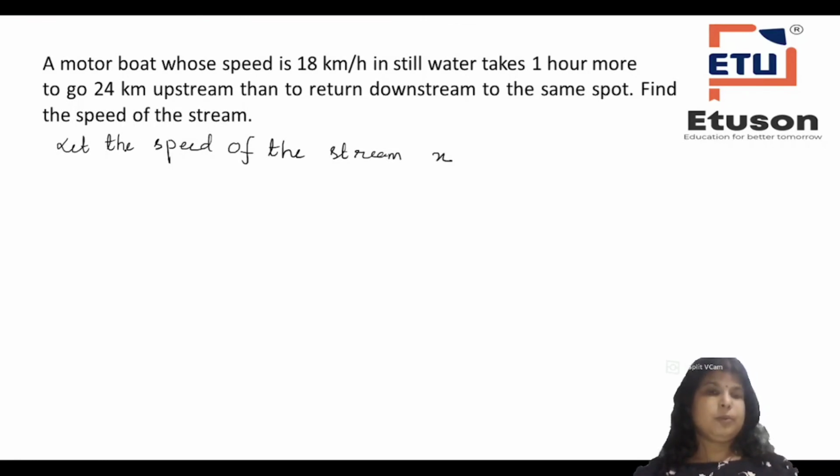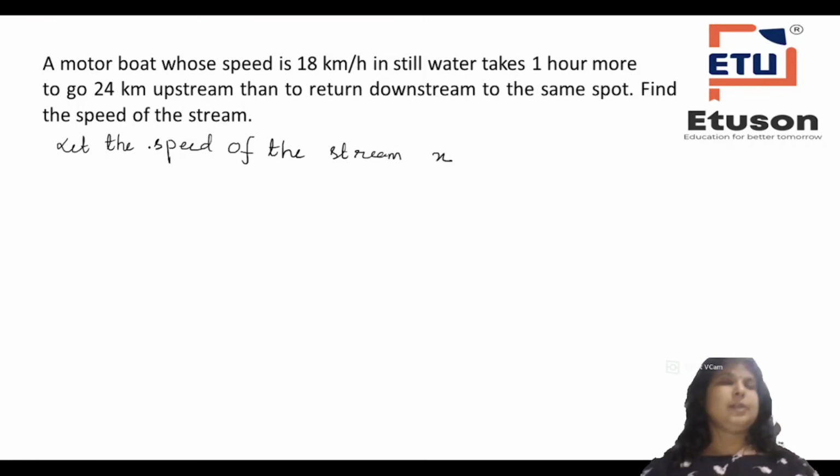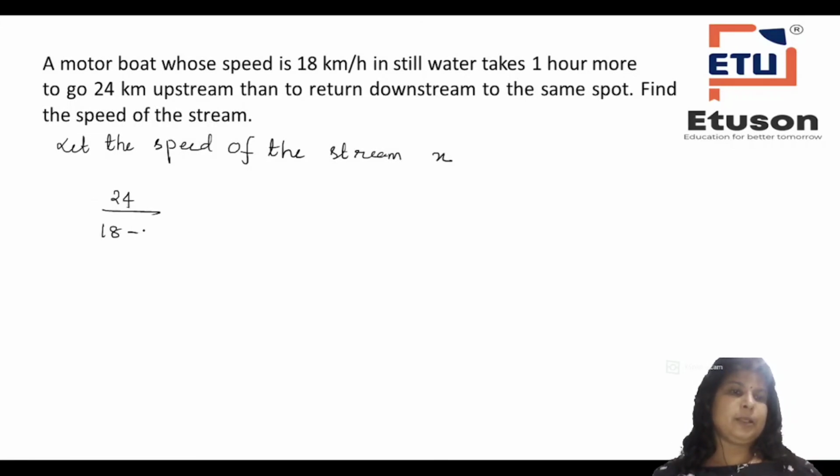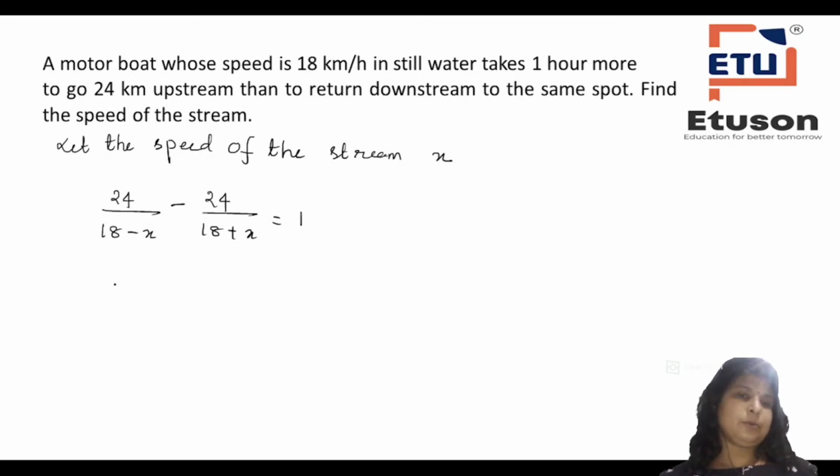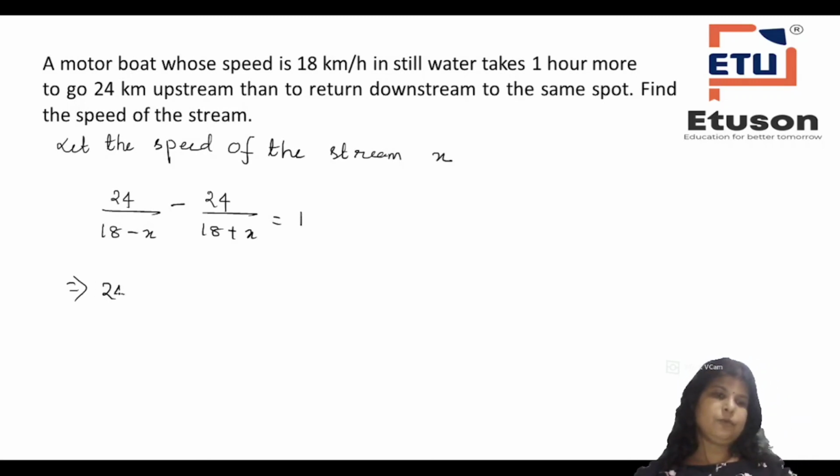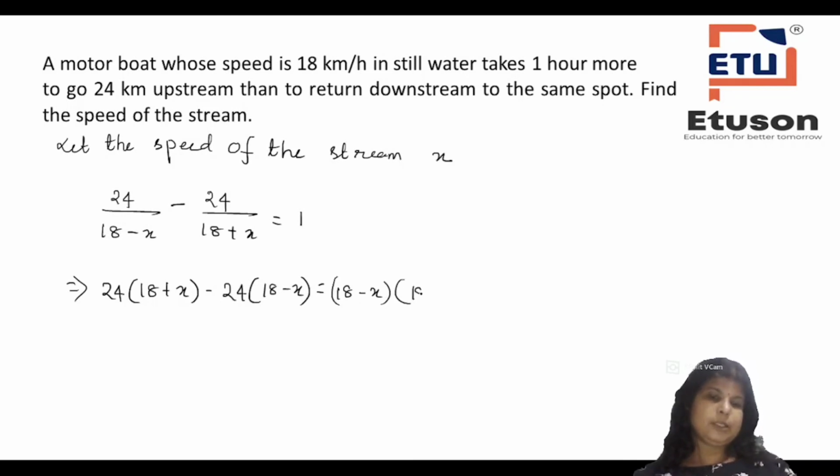Correct. Hope you remember, we have solved this kind of problem earlier also. So let us write down the expression for it. So 24 divided by 18 minus x minus 24 divided by 18 plus x is equal to 1. It implies 24 into 18 plus x minus 24 into 18 minus x is equal to 18 minus x into 18 plus x.